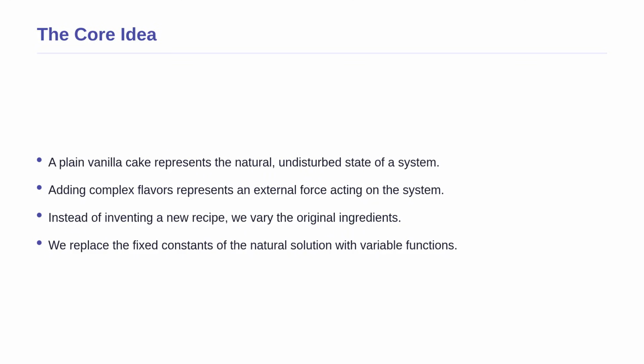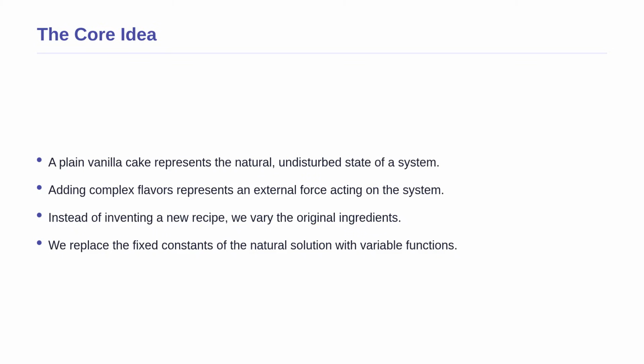Now that we know our topic, let us understand the core idea behind it. Imagine you have a basic recipe for a plain vanilla cake. This represents the natural, undisturbed state of a system, which we call the homogeneous solution. Now, suppose you want to add complex new flavors like chocolate swirl. Instead of throwing away your plain cake recipe and inventing a new one from scratch, you simply vary the amounts of the ingredients.